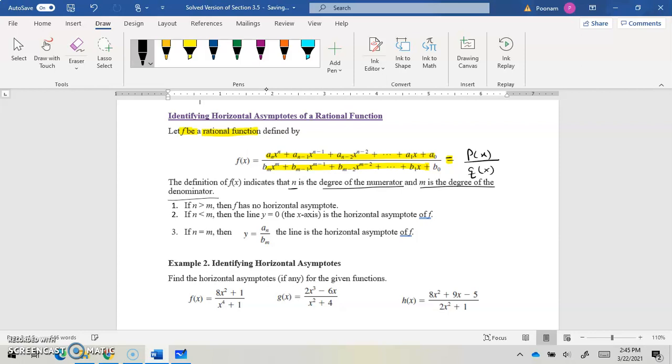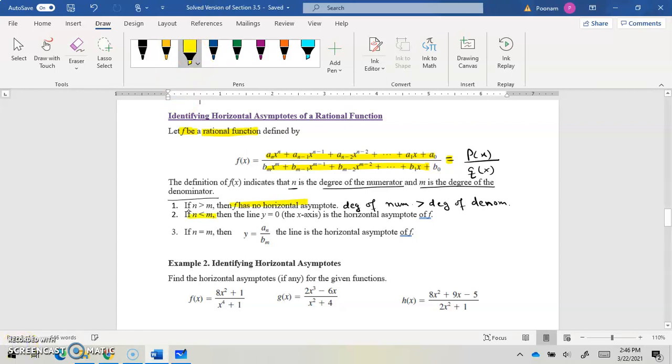If n is more than m, then f has no horizontal asymptote. Or you can also remember it like this: if the degree of the numerator is more than the degree of the denominator, then we have no horizontal asymptote.